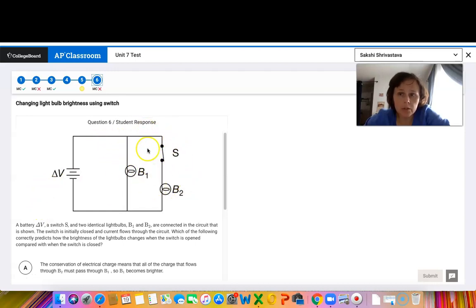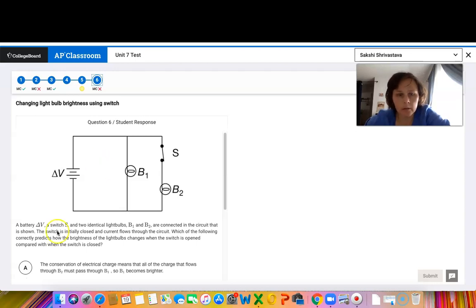What you want to think about is the equivalent resistance for the first situation, when the switch is closed. Since they're in parallel, the equivalent resistance is going to be R over 2, where R is the resistance of each of the bulbs. Power is current times voltage, or current squared times the resistance.